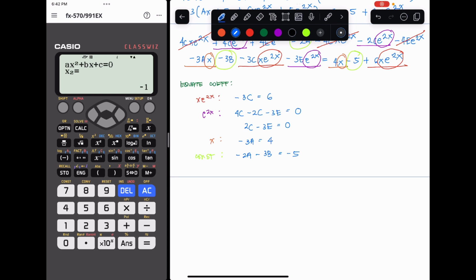So we can use our calculator now. These are 4 unknowns, so I'll go back to the menu equation. It will be a simultaneous equation. There are 4 unknowns. I'll start with this one. We don't have A, we don't have B, but we do have C, which is negative 3.